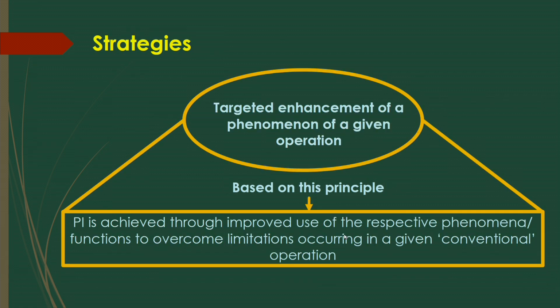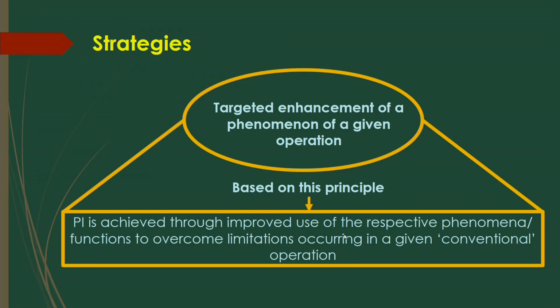And targeted enhancement of a phenomenon of a given operation also influences process intensification, through improved use of respective phenomena or functions to overcome limitations occurring in a given conventional operation.